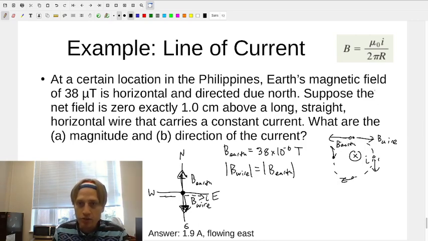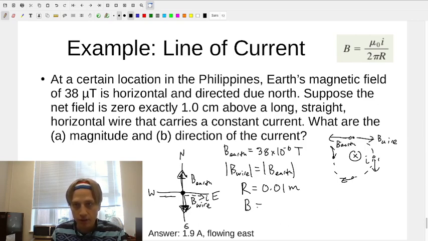Now, if I am just 1 centimeter away, that means I know my R is 0.01 meters above that current, which is what I want to find. And so what I can do is use this equation, B equals mu naught I over 2 pi R, to find the size of that current.